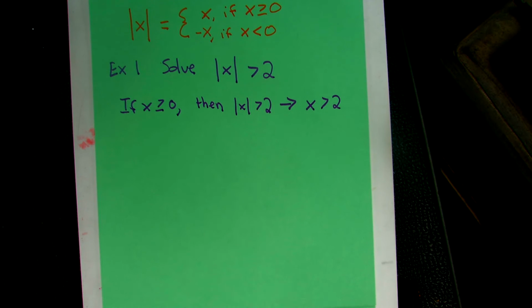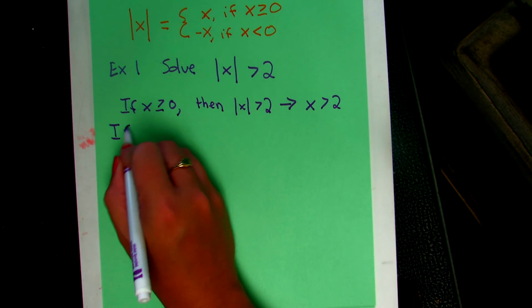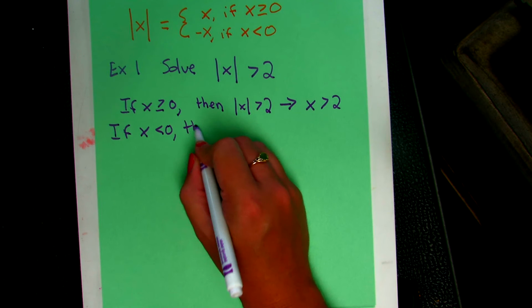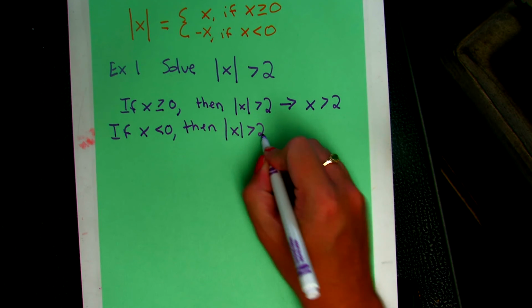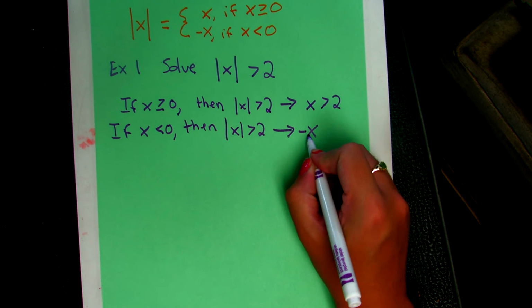Okay, that's part 1 of our answer. However, if x is less than 0, then the absolute value of x is greater than 2 implies that the opposite of x is greater than 2.